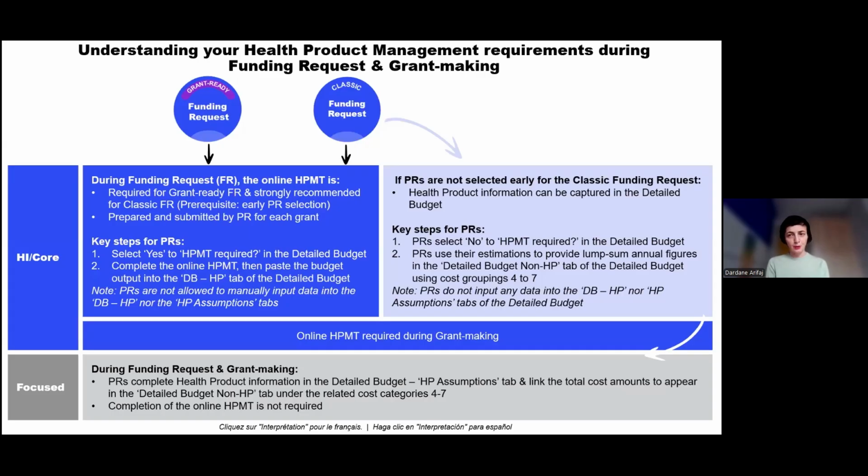So the main takeaway for today is, if the funding request follows grant-ready submission, HPMT is mandatory, and the detailed budget from HPMT will be extracted and inserted into the detailed budget. If the funding request is going to follow the classic style of submission, HPMT is strongly encouraged because it will help the CCM and the PRs if they do that in parallel.